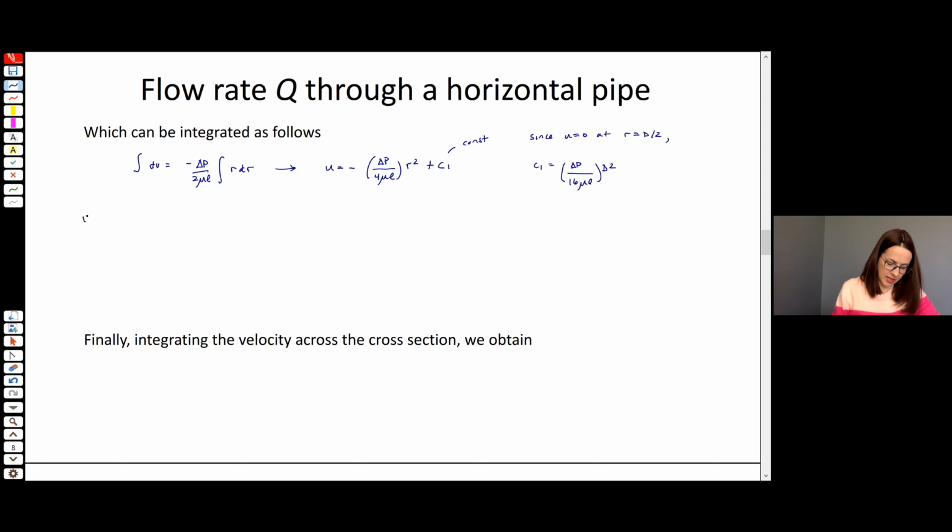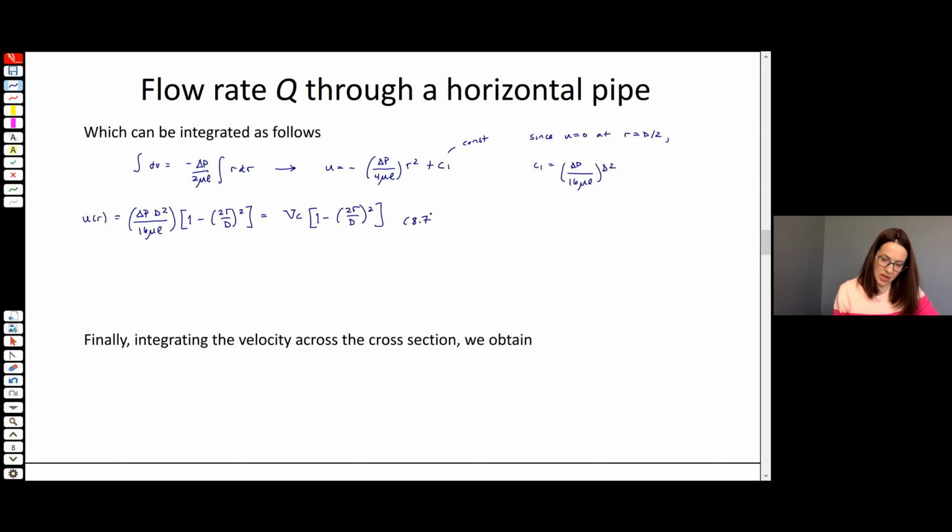So then this gives us u as a function of r is equal to delta P D squared over 16 mu L times 1 minus 2r over D squared, or we can use this to define the centerline velocity, V centerline times 1 minus 2r over D squared.